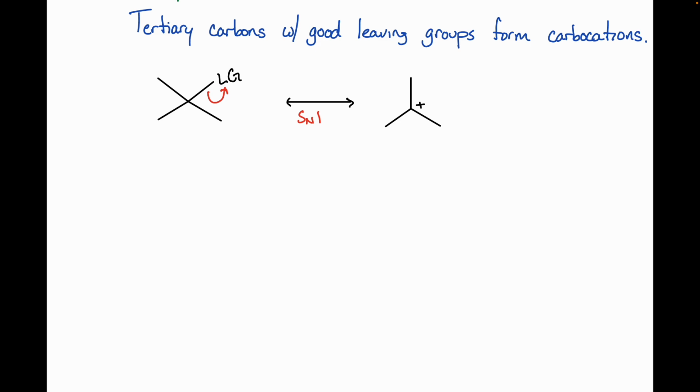Cool. So then if we took a tertiary alcohol and reacted it with that tosyl chloride, this would take that alcohol and turn it into a molecule with a really great leaving group.